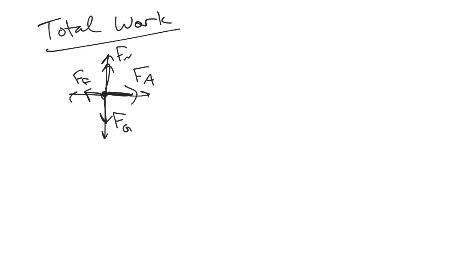When you do that, you really have two options, assuming they're all acting for the same period of time. You can either find the net force, which here would be a vector. In the x direction, you've got Fa minus Ff, and in the y direction, you've got Fn minus Fg.